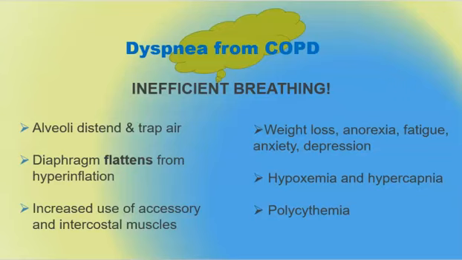So that could cause depression. Hypoxemia, hypercapnia, because they can't blow off that CO2, and polycythemia. So what is polycythemia? Well, it's increased red blood cell production as the body tries to get more O2 on board. So the body is working so hard to get more oxygen that it increases red blood cell production. Okay, that's polycythemia.